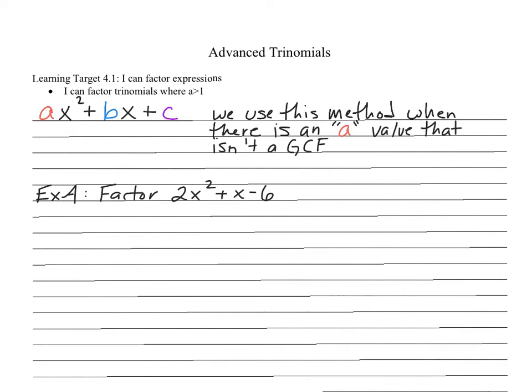So a is the number in front of x squared, so a is 2. b is the number in front of x. So tell me what's in front of x? Nothing. There's an invisible 1. Yeah, that sneaky invisible 1. And then c is negative 6.